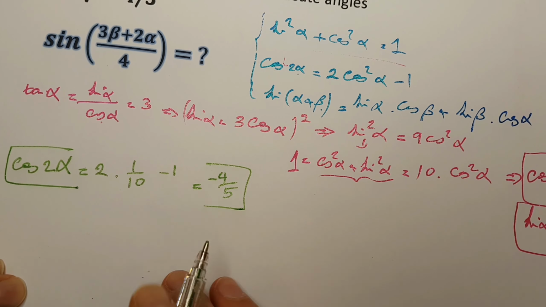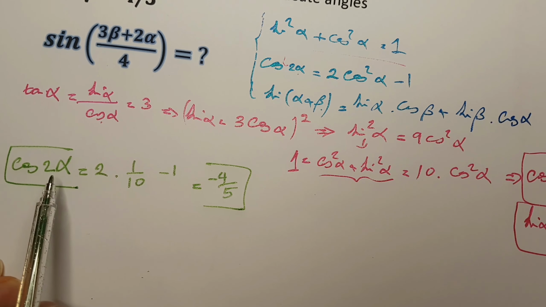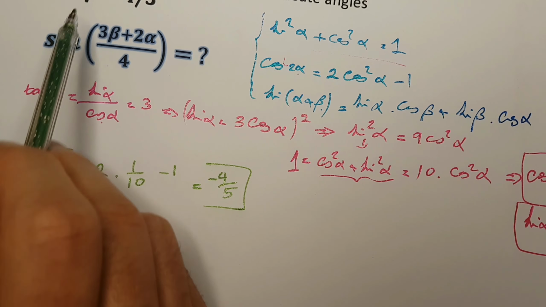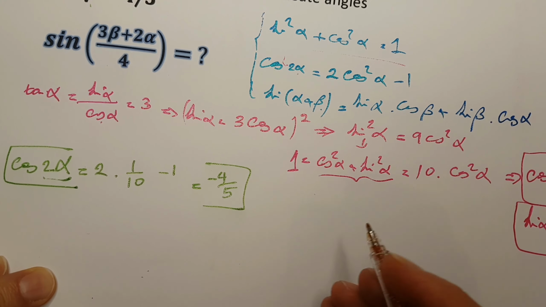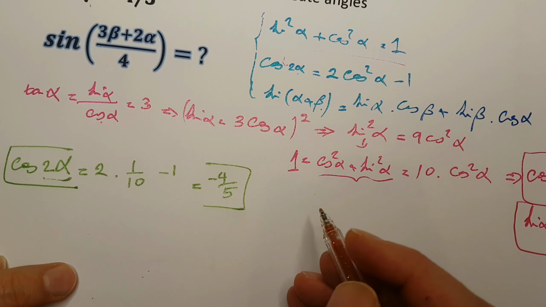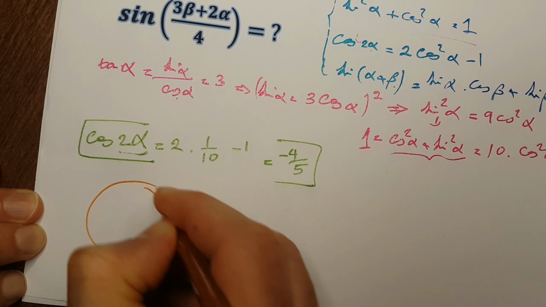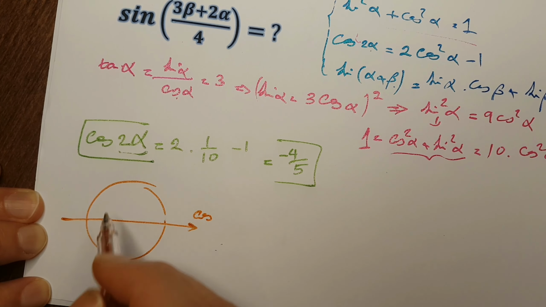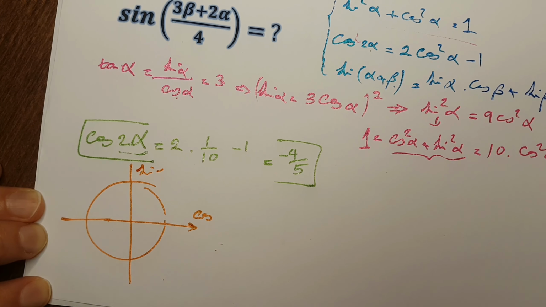This is very beautiful. Let's say cosine of beta is 4 over 5 and cosine of 2 alpha is minus 4 over 5. This means that 2 alpha and beta are supplementary angles. In other words, let's see this on the unit circle. If this is a unit circle, the x-axis will represent cosine and the y-axis would represent sine.